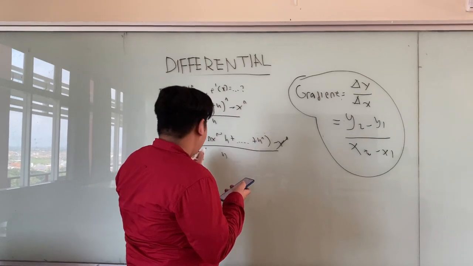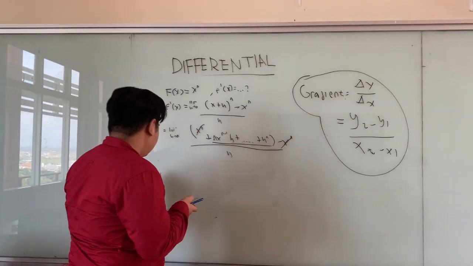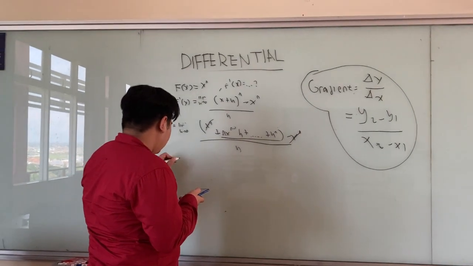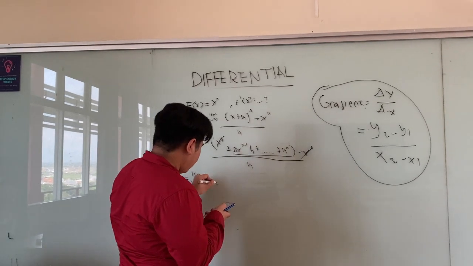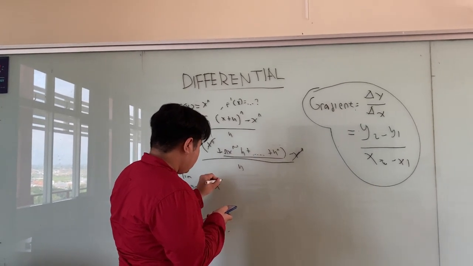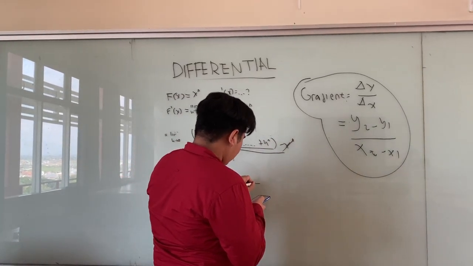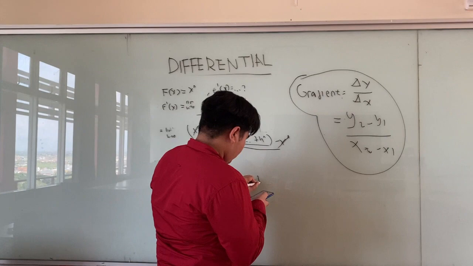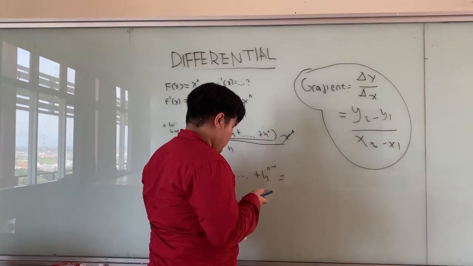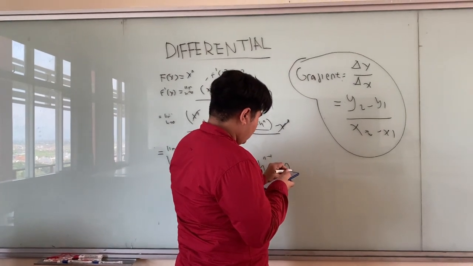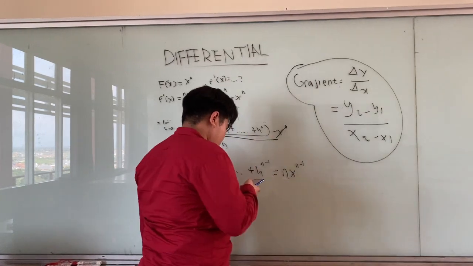So we are left with this, and we put down below it x power n minus 1 plus power n minus 1, equal to n x power n minus 1, like that.